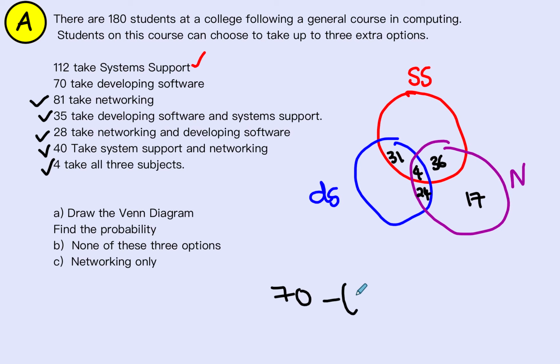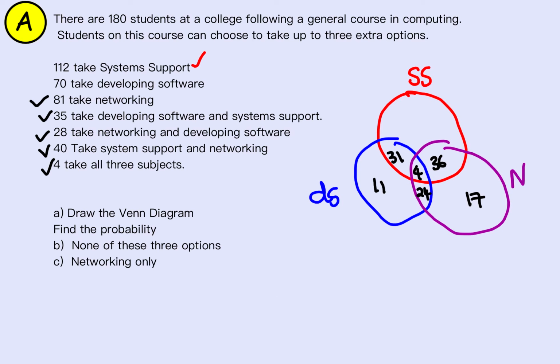So 70 take away 31, 4 and 24. You can add them up all together and subtract from 70 on the calculator, and that will give me 11. So 11 is here.